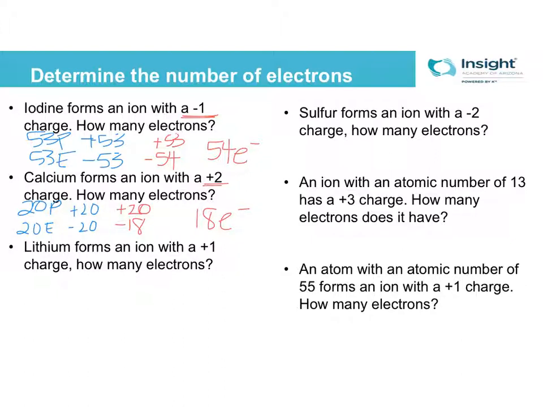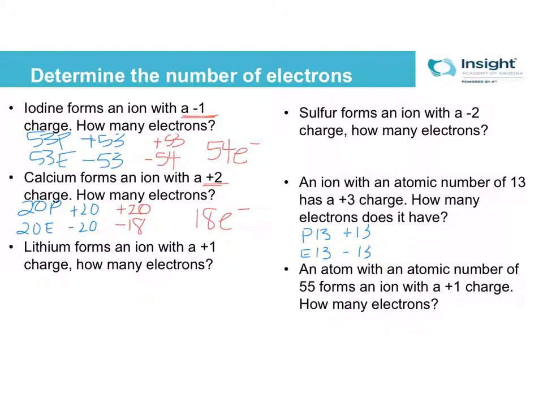So if I have an atomic number of 13 and it has a +3 charge, so when I'm neutral, I have 13 protons and 13 electrons, or plus 13 and negative 13.